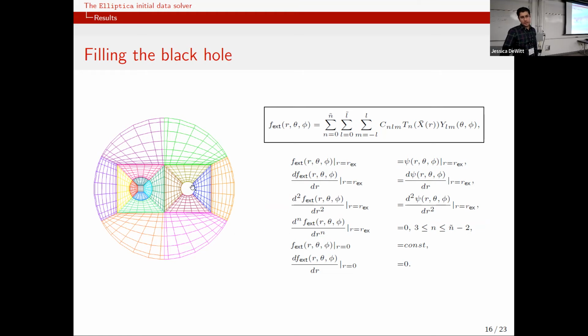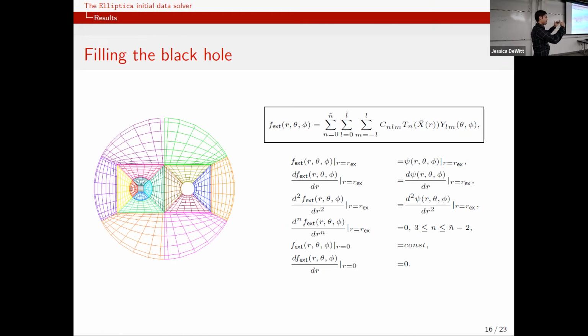At the center, we require a value which is a constant, and generally the value is chosen to be close to that of the moving puncture method. And we also impose the derivative of the field at the center of the black hole to be 0. This is motivated by symmetry, because if you extrapolate the field from the left side and also from the right side, they might end up with different values.